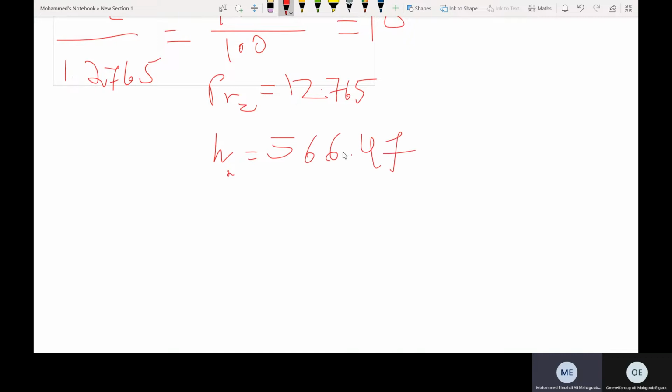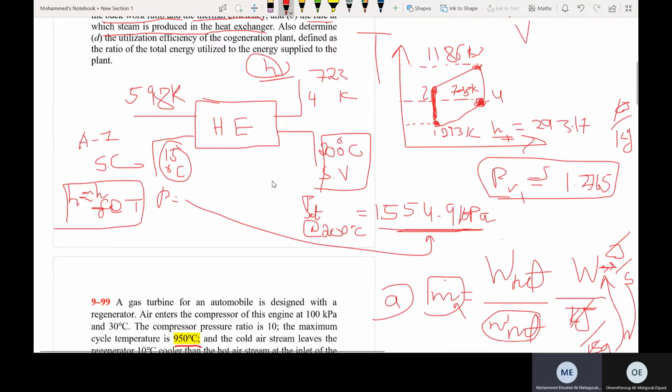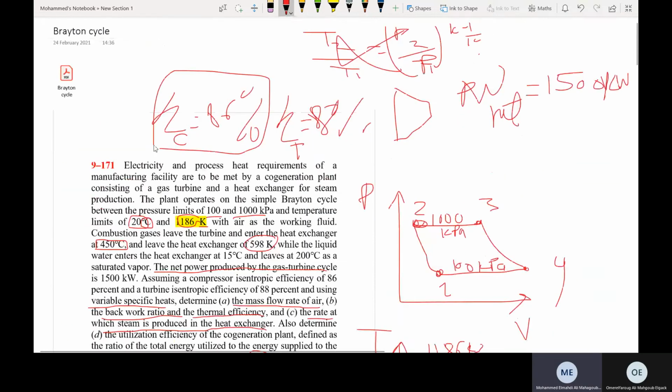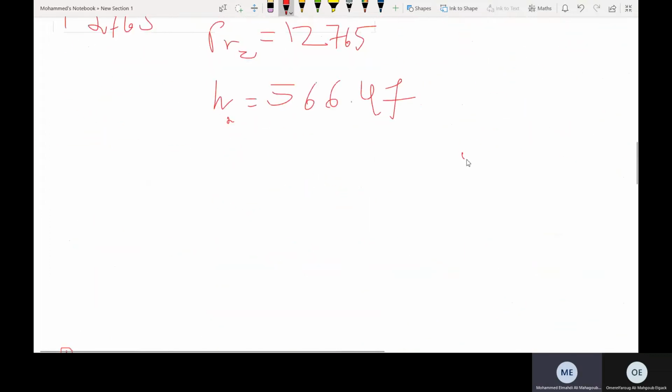But remember something: this is when the process is isentropic, with 100% isentropic efficiency. We have an isentropic efficiency of 86%, so we have a deviation. Remember, this is 0.1, this is 0.2 when the process is done isentropically, and this is the process when we don't have an isentropic process.